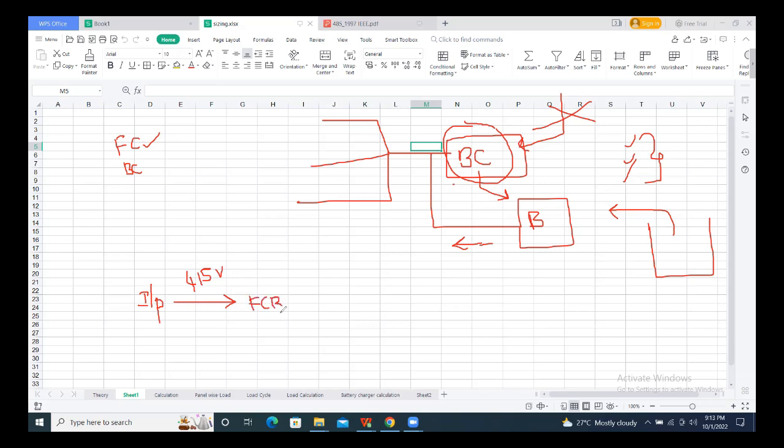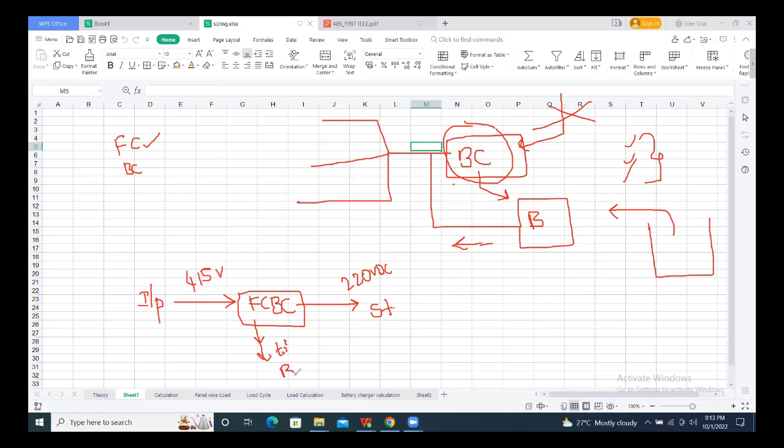In healthy condition, it will deliver 220 volts DC to the station load, and it also delivers 220 volts as trickle charging to the battery.